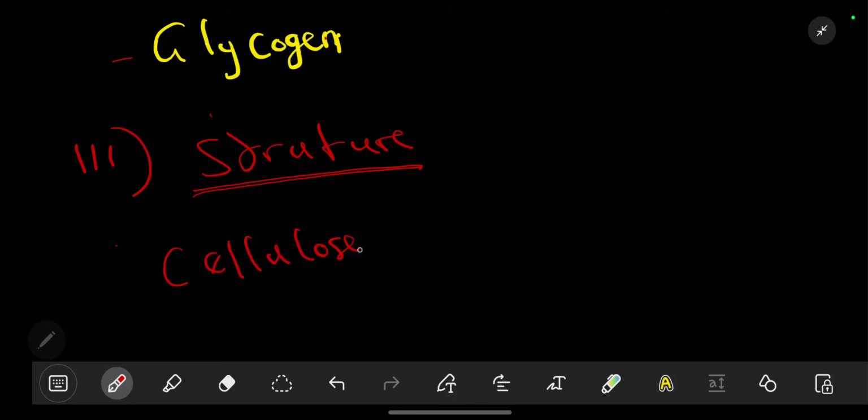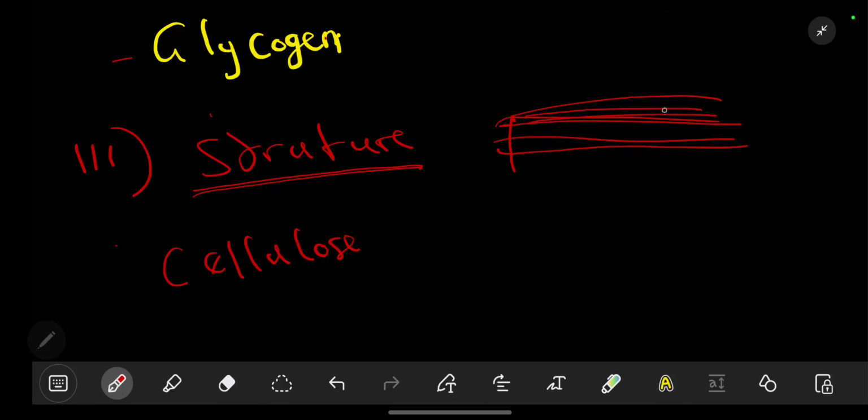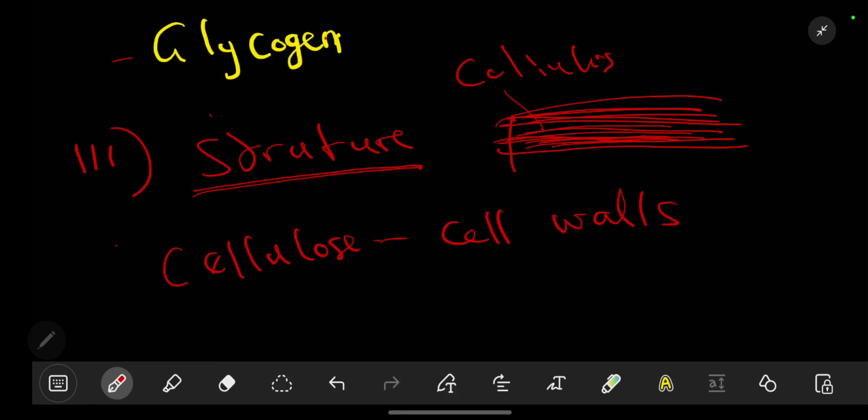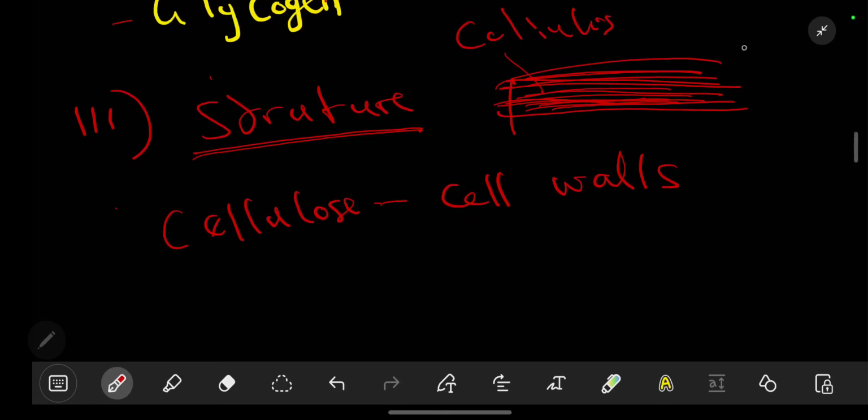Cellulose is the form of carbohydrate that is used in making cell walls. So cell walls are made of this thing that we call cellulose.